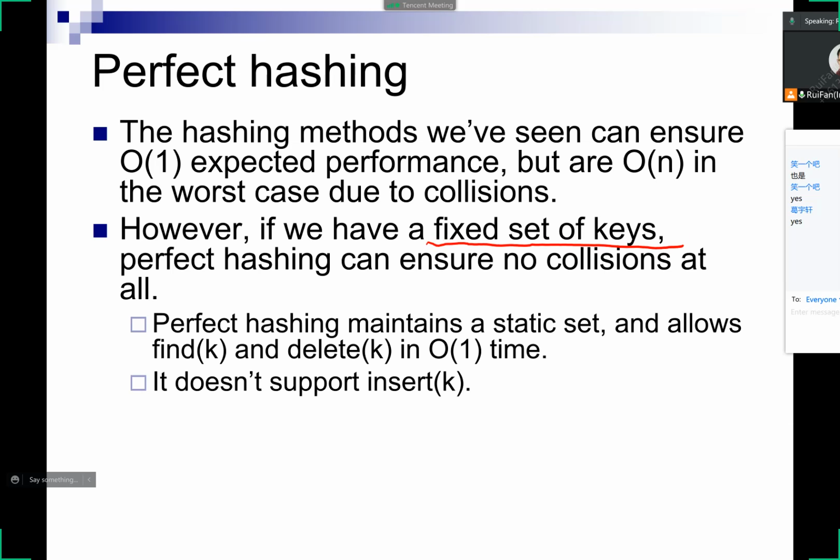You just have to fix your set of keys and maintain a static set. For the static set, you cannot do any insert operations. You can do delete operations and find operations, and all of these are guaranteed to work in constant time because there are no collisions. But you cannot insert additional keys.